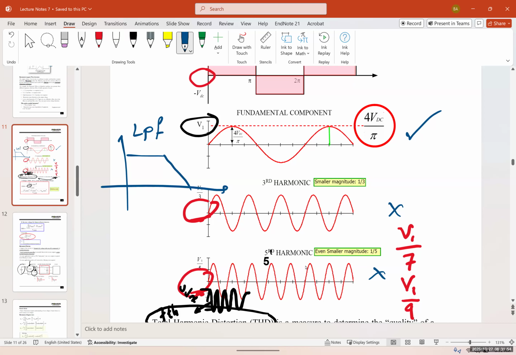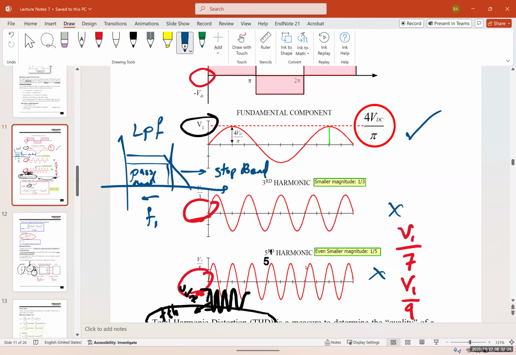We want to pass anything that is below or close to F1, which is our fundamental frequency, and as you remember from signals and systems, this is the pass band, and anything above that is the stop band, okay? So we want to use a low pass filter, meaning a filter that passes the lower frequency and blocks the higher frequency.